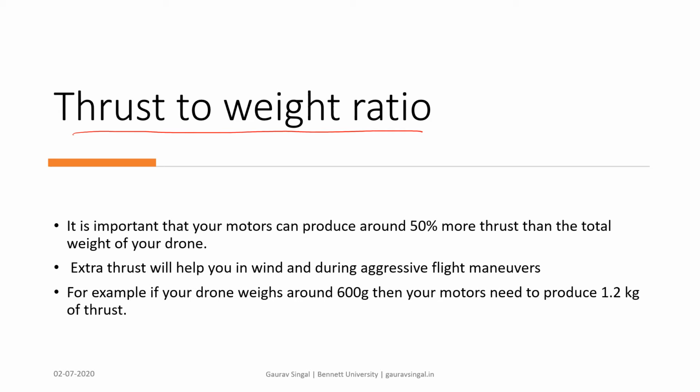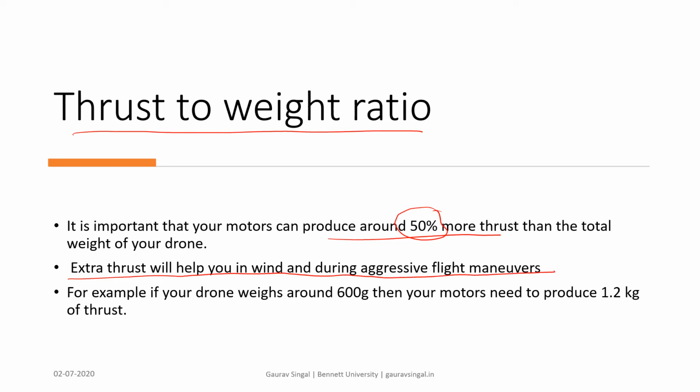If you fulfill that ratio, then your motors can easily lift the drone. It is important that your motor can produce around 50% more thrust than the total weight of your drone. Extra thrust will be helpful in wind and during aggressive flight maneuvers.